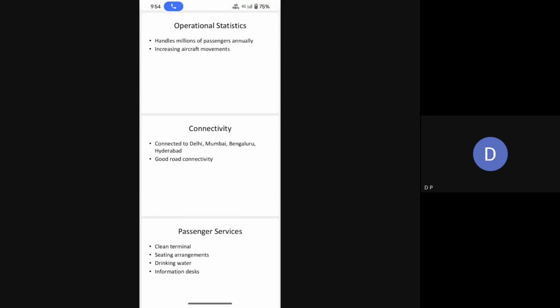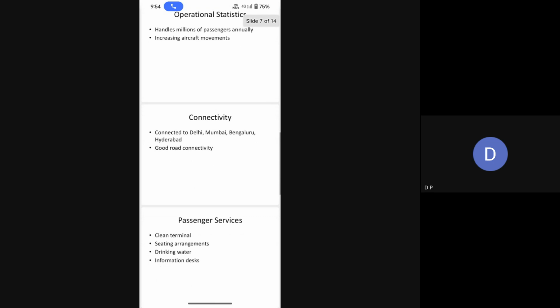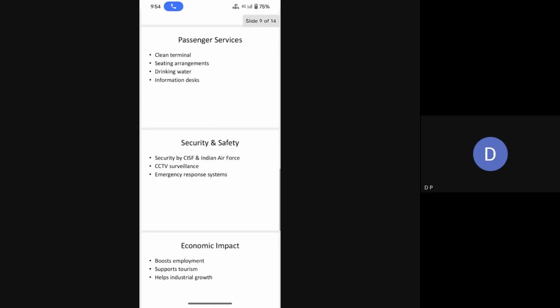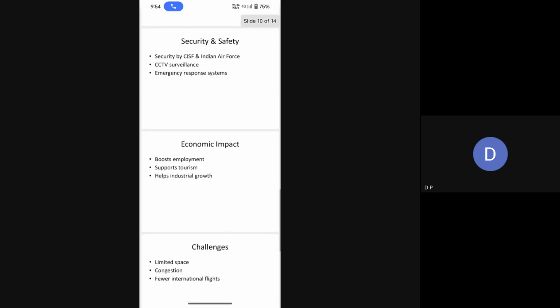Connectivity: connected to Delhi, Mumbai, Bangalore, Hyderabad. Good road connectivity. Passenger service: clean terminal, seating arrangements, drinking water, information desk. Security and safety: security by CISF and Indian Air Force, CCTV surveillance, emergency support system.